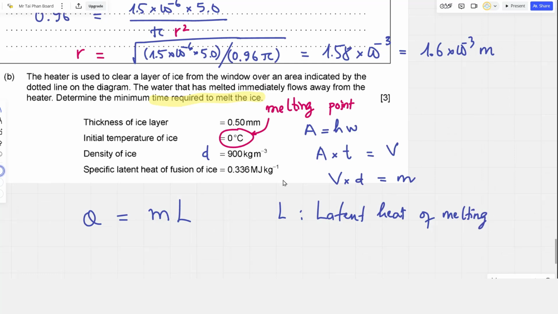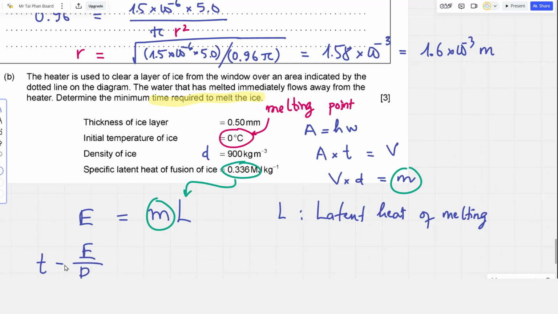So the mass is here. We need to follow these steps 1, 2, 3 to get the mass, and the latent heat is given here, so that you can calculate the amount of energy Q. Let's write E, energy, and then take this energy and divide by the power, we get the time, because power is determined as energy over time, the rate of energy transfer.